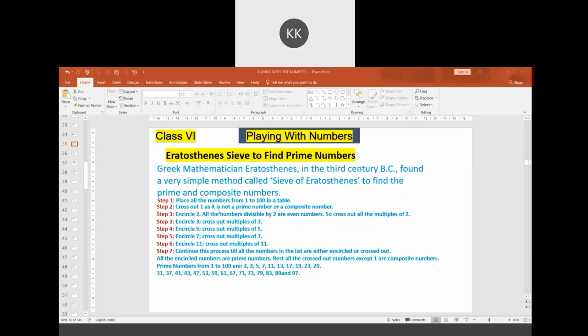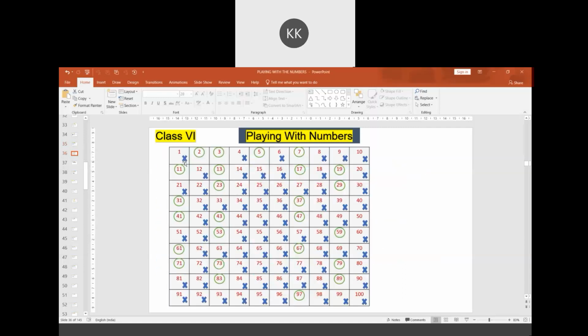Then you have to cross out 1 as it is neither a composite number nor a prime number. Then you have to encircle 2 and cross out all the multiples of 2. And you have to continue further till the multiples of 11. Then we get the prime numbers. I had given this in the notes also. You must have understood this.